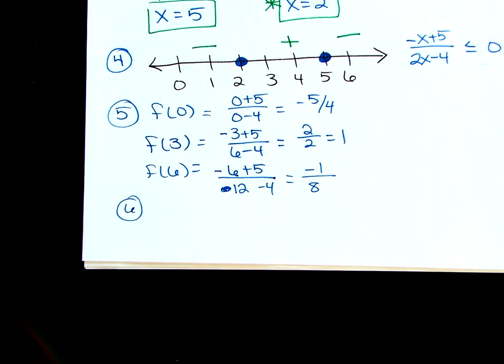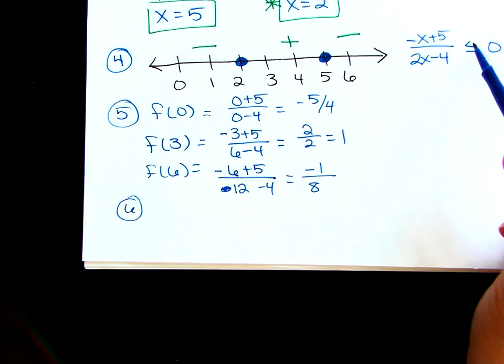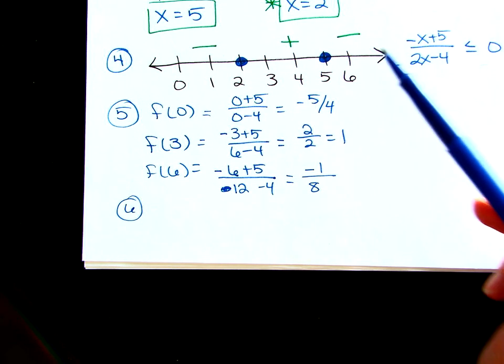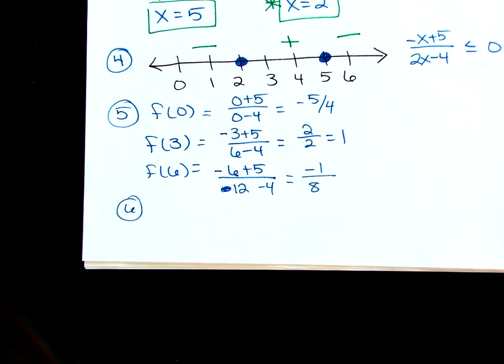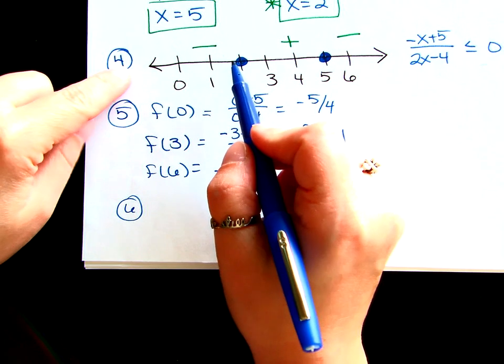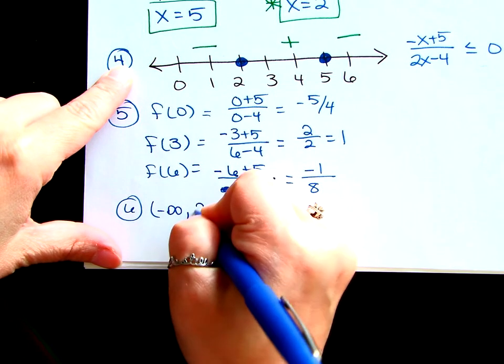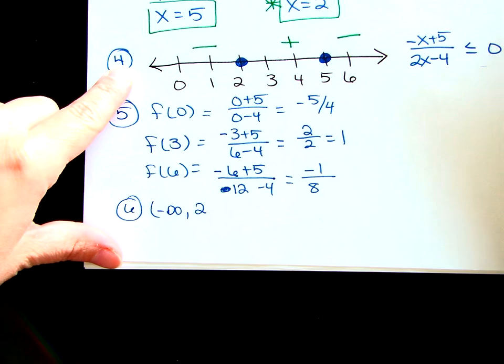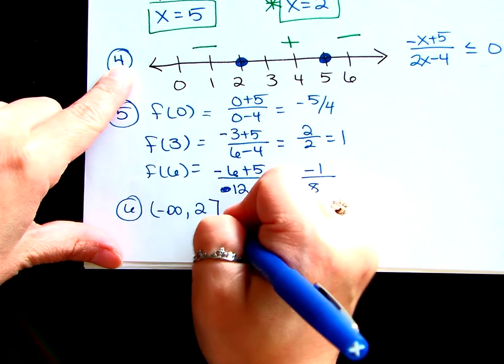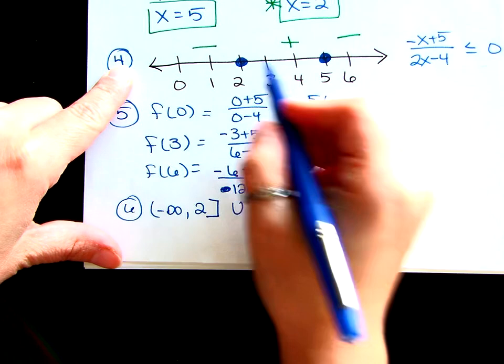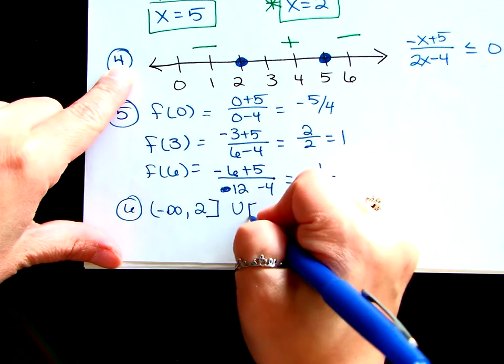Since it's less than or equal to 0, am I worried about my negative sections or my positive section? Negative. So my first negative section goes from negative infinity to positive 2. And unlike all the other ones, this one is equals to, so I can include my boundary points. Skipping this middle section and going from 5 to positive infinity.